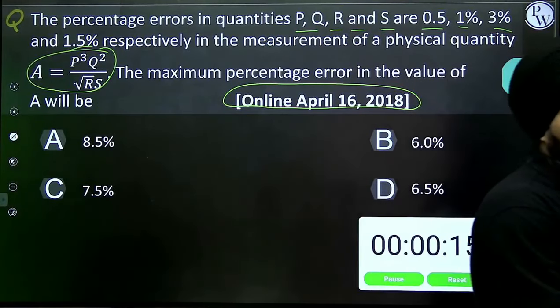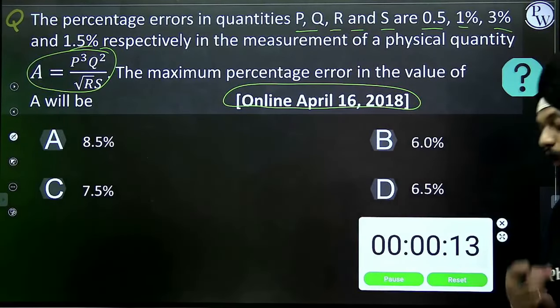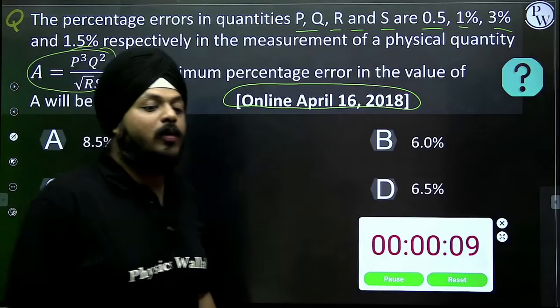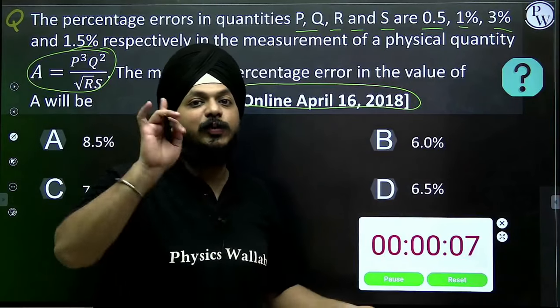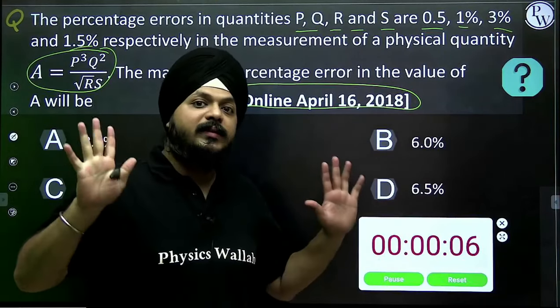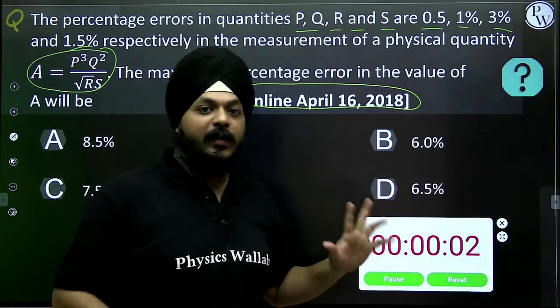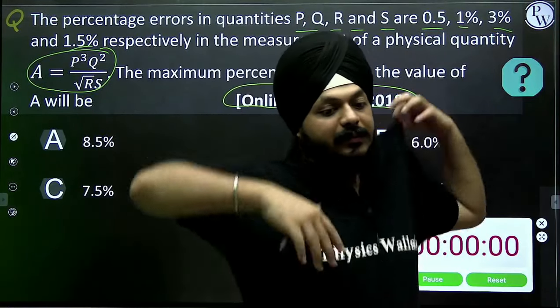Come on, everyone, those who are live. Approximately 2.5 hours of lectures we have completed. And after this error, two most important topics related to this chapter, Vernier Calliper and screw gauge, are remaining, and it will take approximately 45 minutes to 1 hour, and this session will be over.